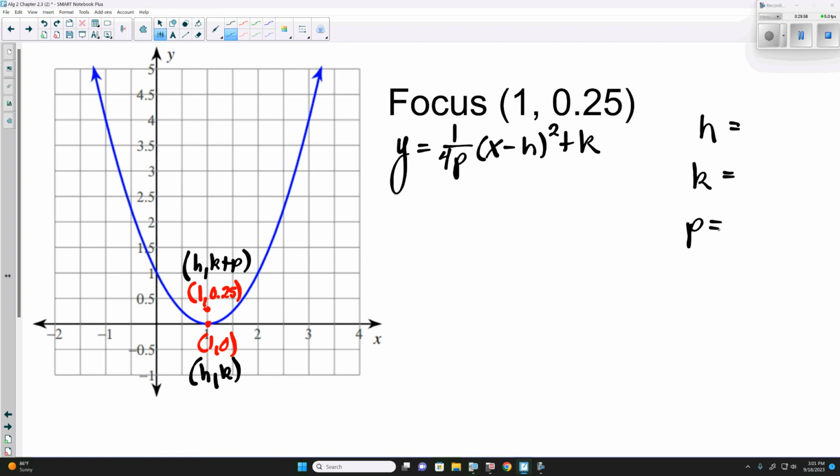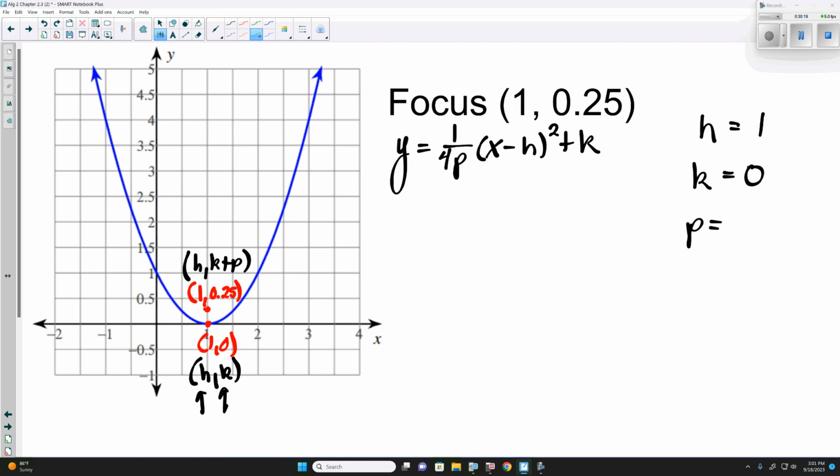So because we're looking at the other one, the focus is a little different. But the vertex still tells us what the value of h is. H is 1. The value of k, 0.